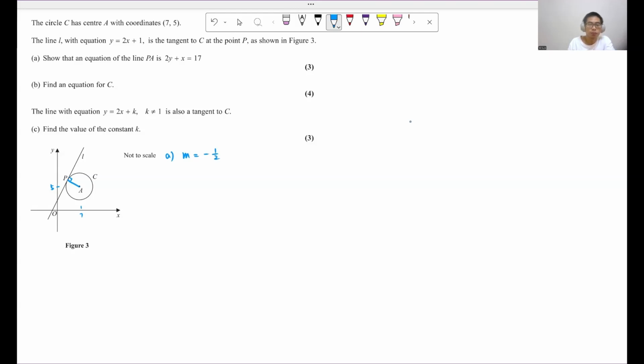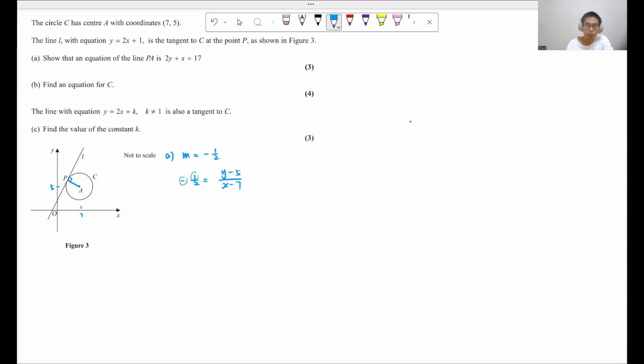So to find the equation of PA, we can just do negative 1 over 2 is equal to y minus 5 over x minus 7 and then rearrange it. Or you can do y equal to mx plus c and then substitute in the gradient and the coordinates, work out c. Both work, doesn't matter. I will just let the negative on top.